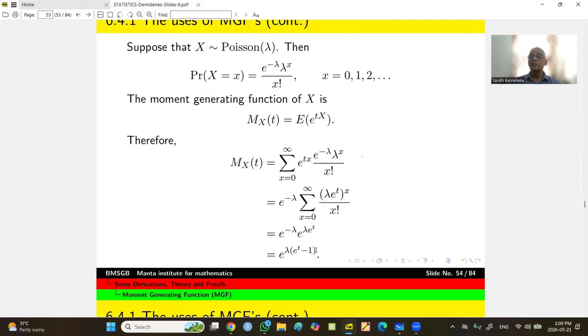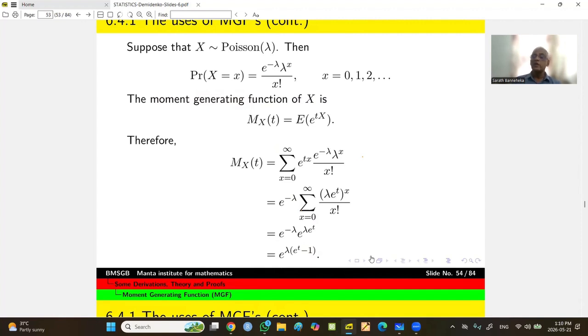Right. So that is the moment generating function of the Poisson distribution with parameter lambda. Notice that this thing is also defined for any real number t. For any real number t, this exists. So therefore, we can say t is in R. Right. That is the moment generating function of x.